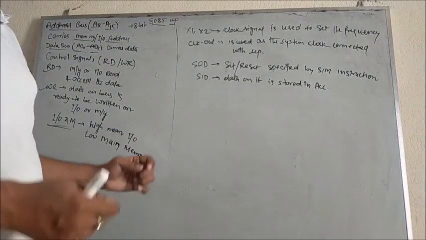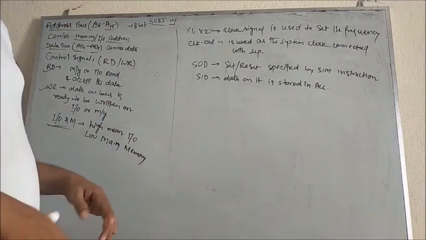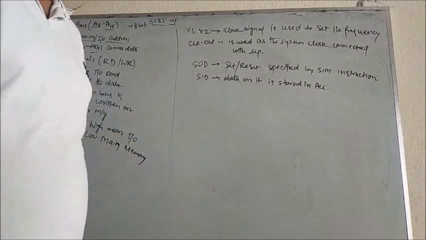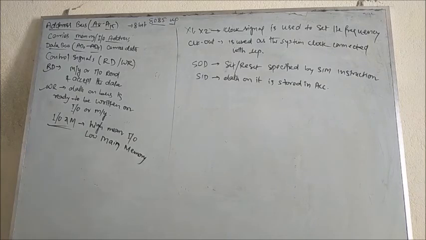SID is carrying some data, and that data should be stored in your ACC, that is your accumulator. So out of 40 pins, these are the important classes of pins which you should know while studying the 8085 microprocessor.